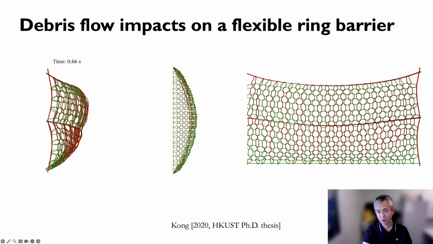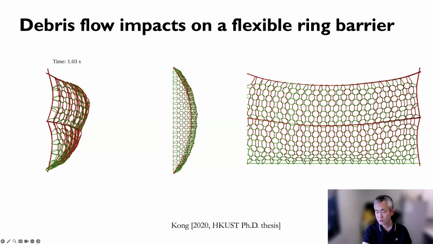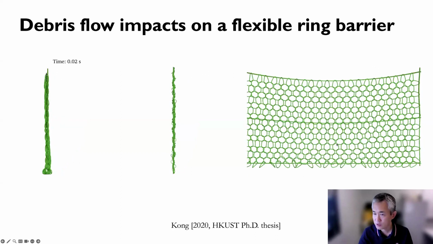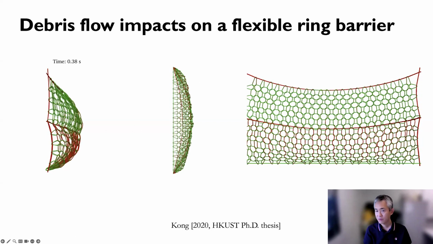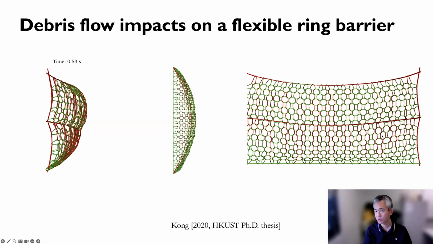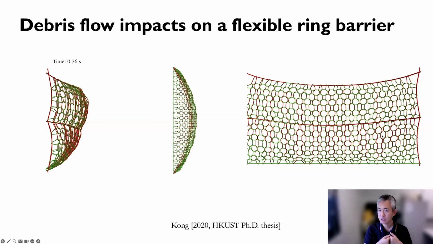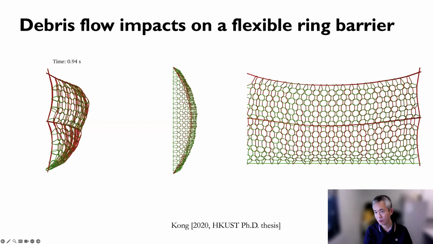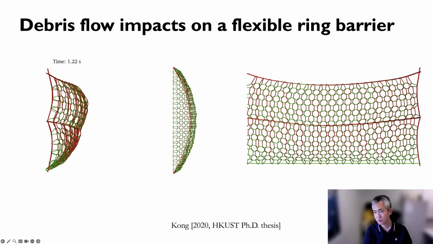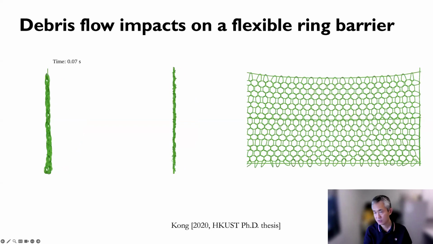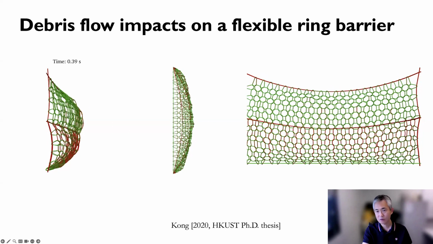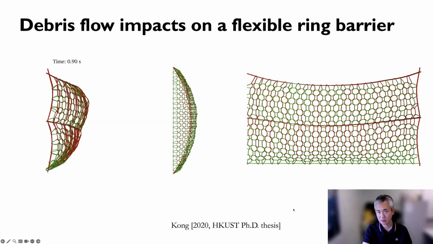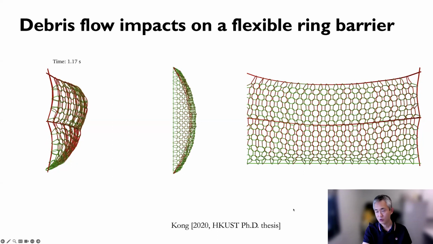This is the front view, where we see how the force is transferred throughout the net, and then further transferred to the cable. So the cable is the major force barrier, and this cable will further transfer the force to the anchor at the bank here. This is how the force transfer mechanism works in such a ring net barrier.